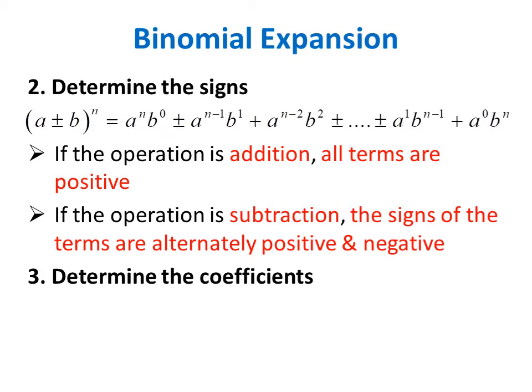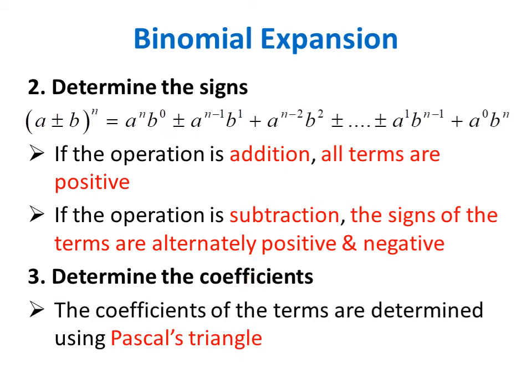The third step in binomial expansion is to determine the coefficients. When we say coefficients, of course, these are the numbers multiplied to the expression in each term. To determine the coefficients of the terms, we have to use what we call Pascal's triangle.